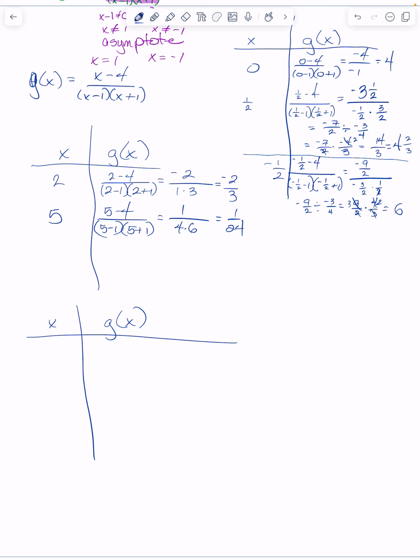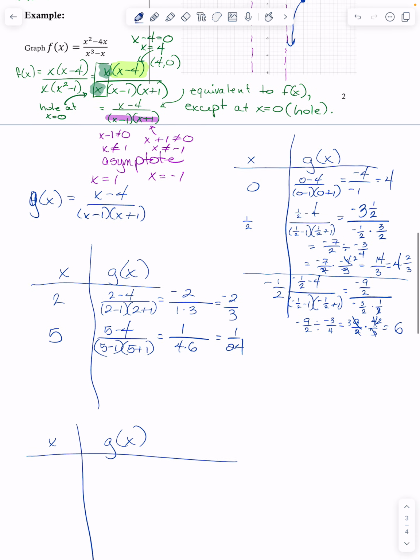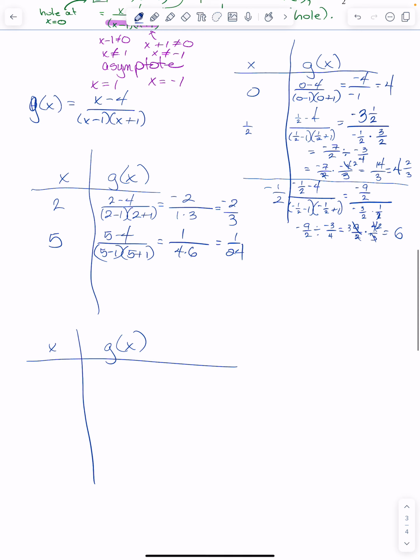Would it be fabulous if we could just plug this into a graphing calculator like Desmos? Yes, it would, but again, neither of those is going to explain where the hole is. And if you don't understand what's going on with the equation, you're going to see those asymptotes in a graphing calculator like they're part of the graph.